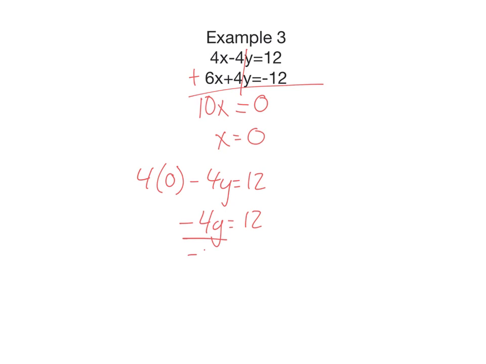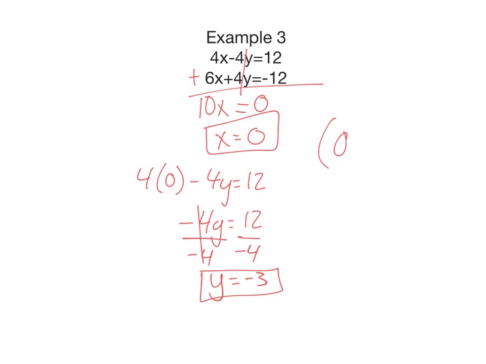Divide both sides by negative 4. y equals negative 3. And then what is my final solution? 0 comma negative 3.